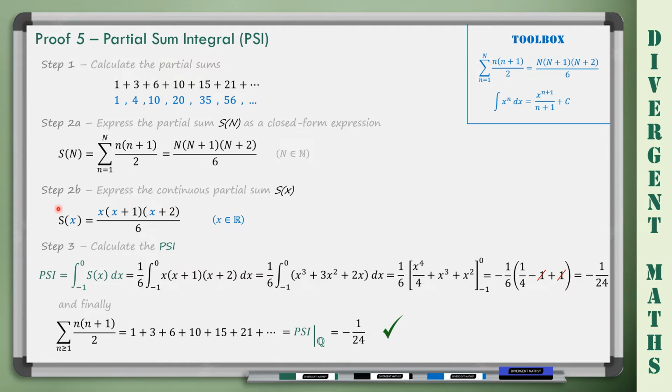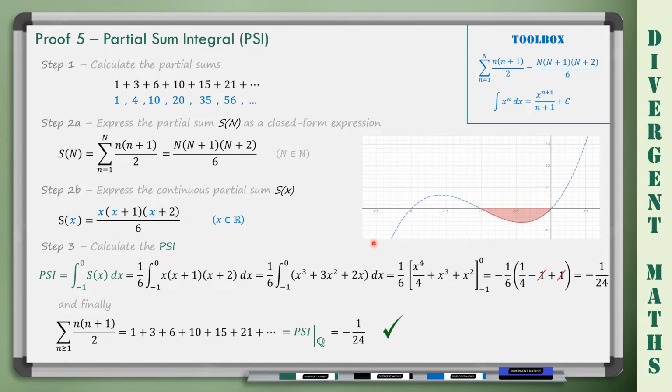So that continuous function, if we plot it, let's have a look. That's how it looks. You can see that nice curve there. It's a third degree polynomial. And then the partial sum integral obviously corresponds to the integral between negative 1, here, that point, and 0.